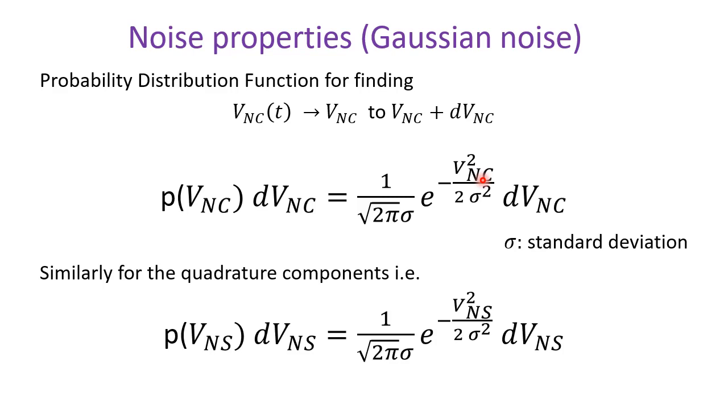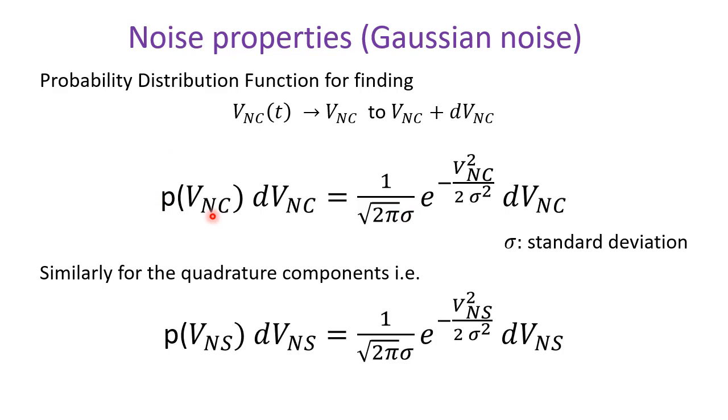So what it is telling you is that the most probable value of VNC is actually zero, and very small values is where it peaks. VNC can take positive and negative values centered at VNC equal to zero. This is the probability distribution, normalized in such a way that when I integrate over VNC from minus infinity to plus infinity, I would get a value 1. That is what makes P(VNC) dVNC a probability distribution function.